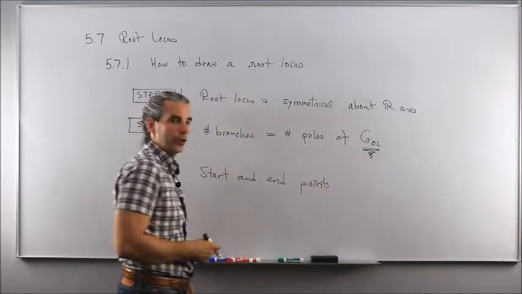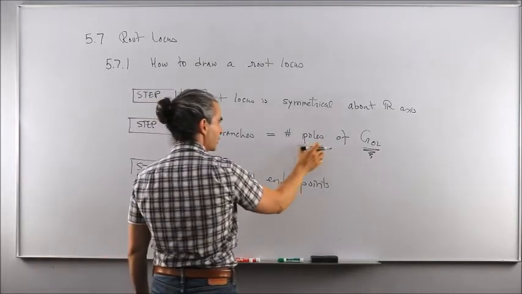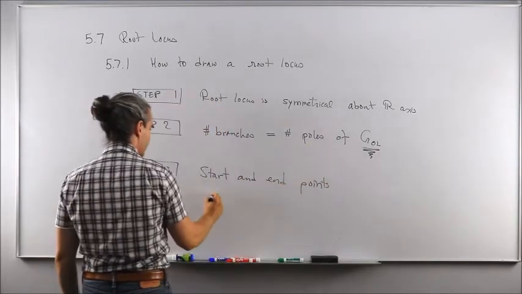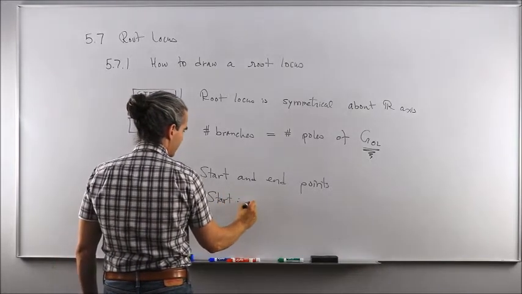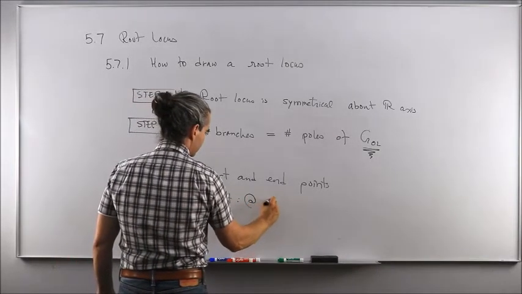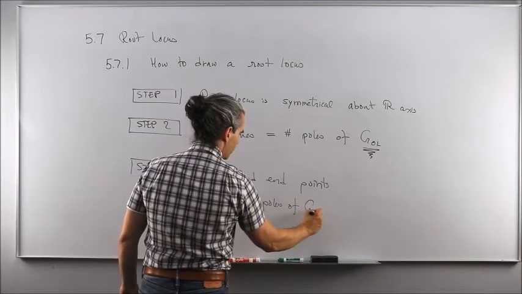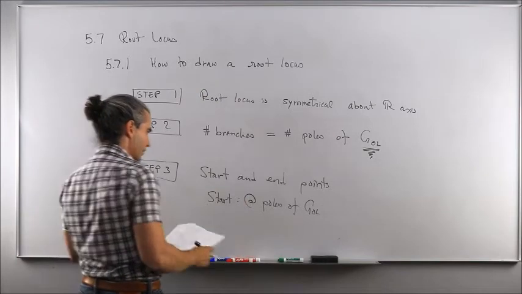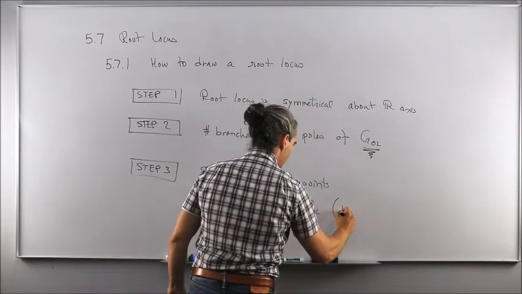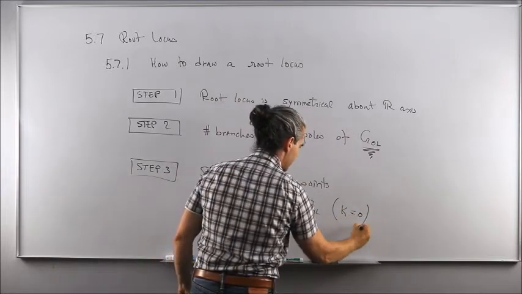Well, the starting point you already know, because the root locus will start at the poles of the open loop transfer function. This corresponds to when you have K, the open loop gain, equal to 0, essentially.